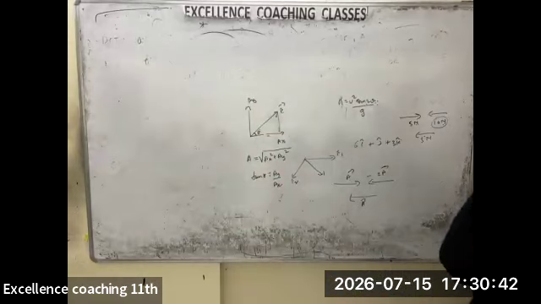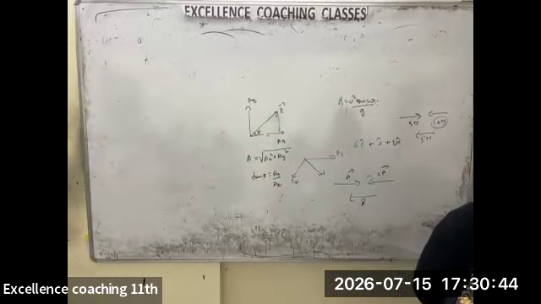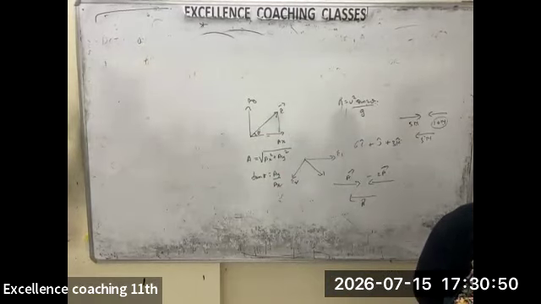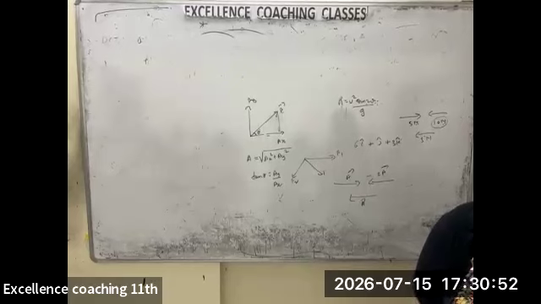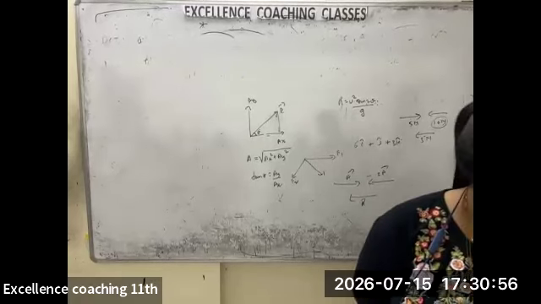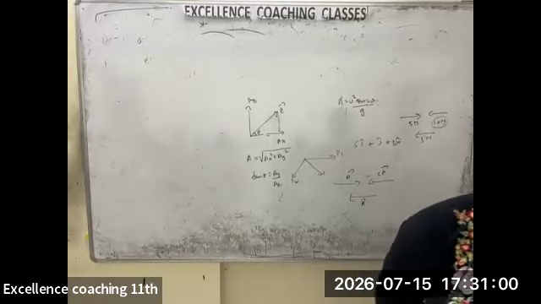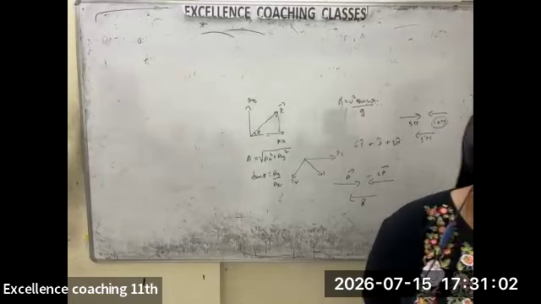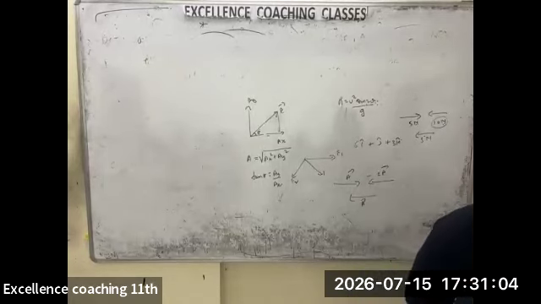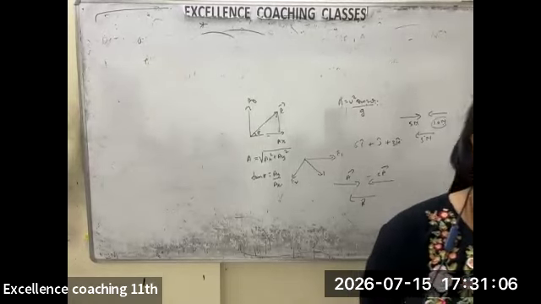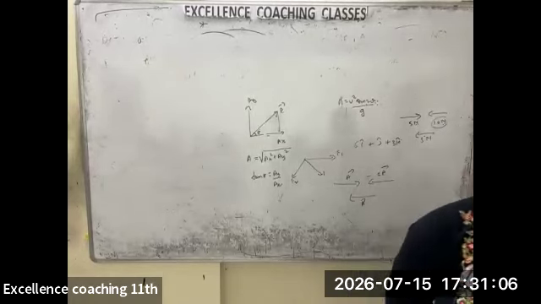Next one you all solve now. Projectile motion power question. A cricket ball is thrown at a speed of 28 meter per second in a direction 30 degree above the horizontal. So initial velocity is given, angle theta is given.